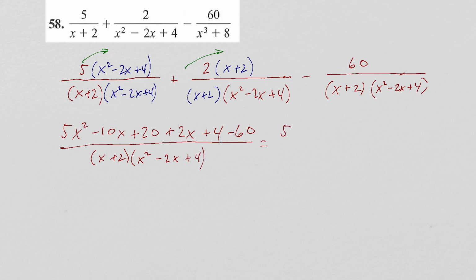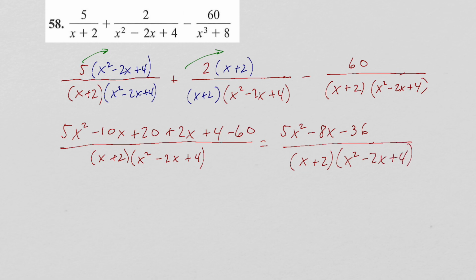I'm going to combine like terms. 5x squared is by itself, and I have a negative 10x, and a positive 2 gives me a negative 8x, and I have a positive 20, positive 4, that's 24, minus 60, that's minus 36, all over x plus 2 times x squared minus 2x plus 4.